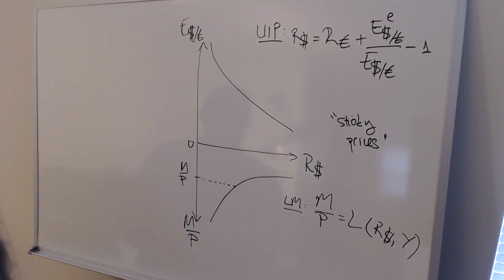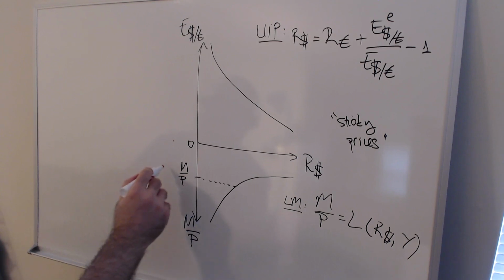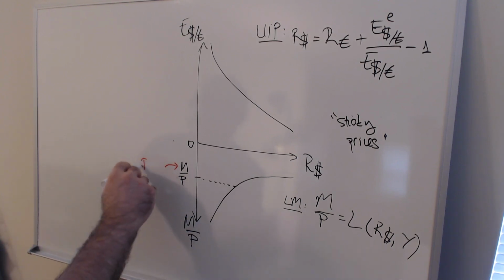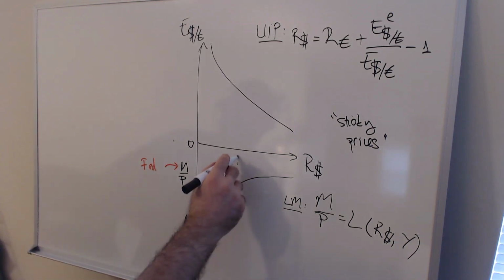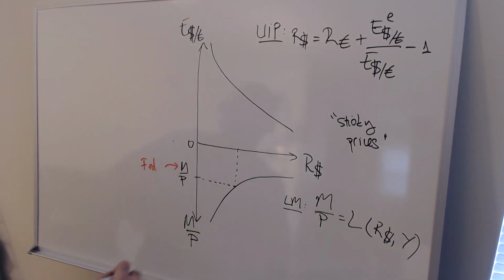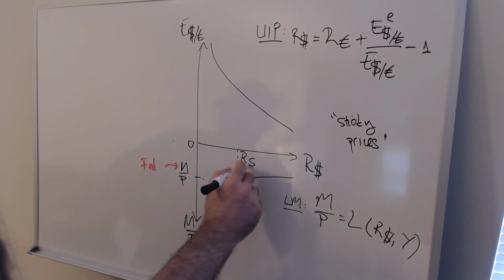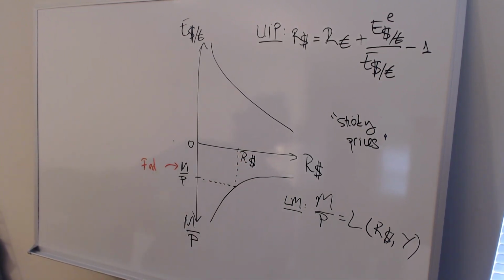So the Fed determines how much money it wants to make available to the private sector. And so that's going to pin down M. Together with the sticky price level, that's going to determine real money balances, M over P, on the downward vertical axis. Then we're going to use the LM curve, the liquidity money condition, to find the corresponding interest rate in the US.